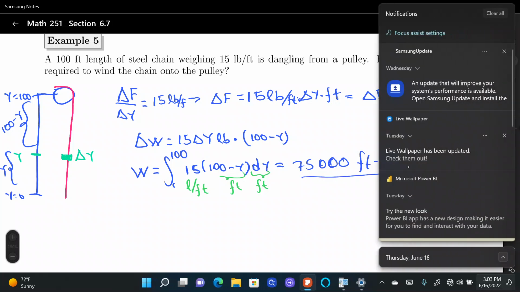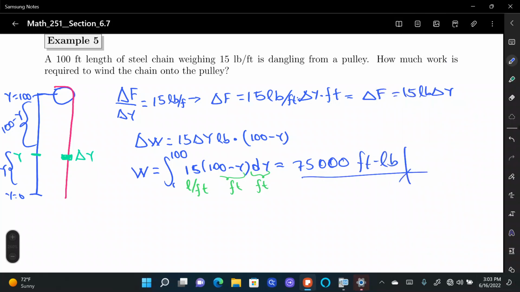Again, like I mentioned before, I could have just given you a formula: just put 15 for the density of the chain, and put 100 minus y, which is the expression that relates the height of the chain at any value from its maximum height, which in this case is 100.